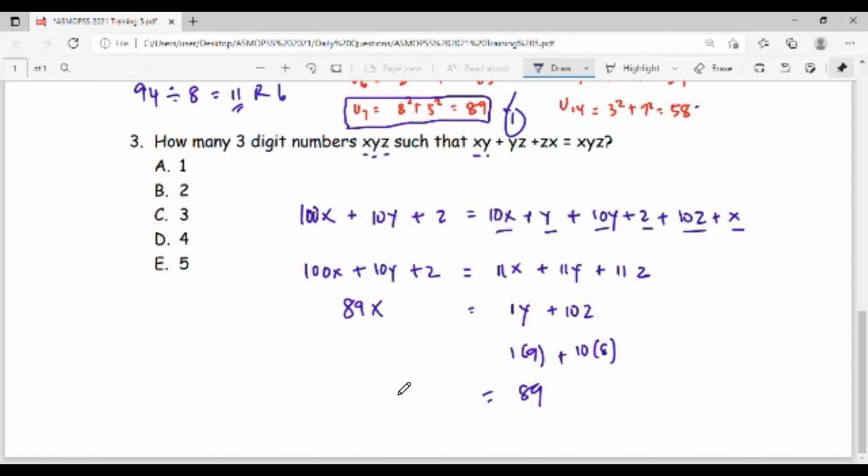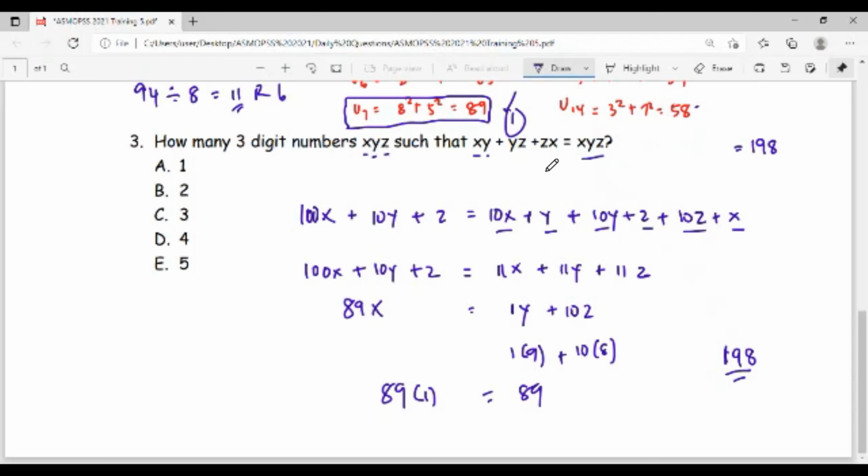So that gives us the digit of y and z, and it should be 89 times 1. Because if you multiply by 2, then it will be 100 something. So the only possible number is x equal to 1, while y is equal to 9, and z is equal to 8. So the number xyz is equal to 198.